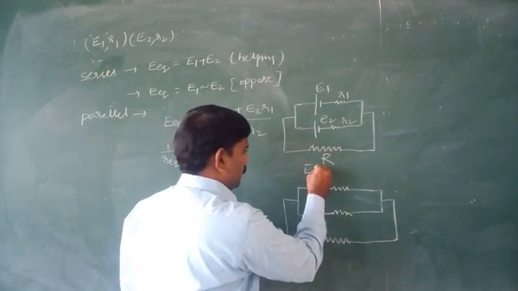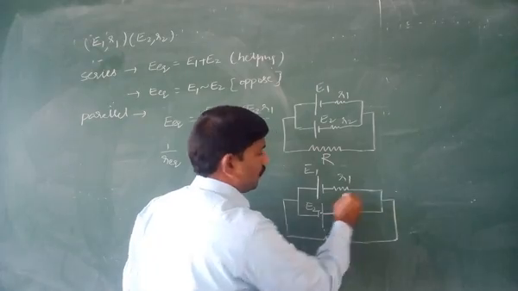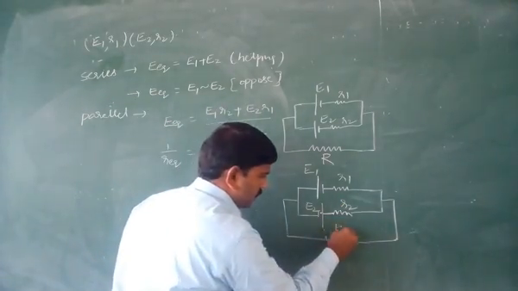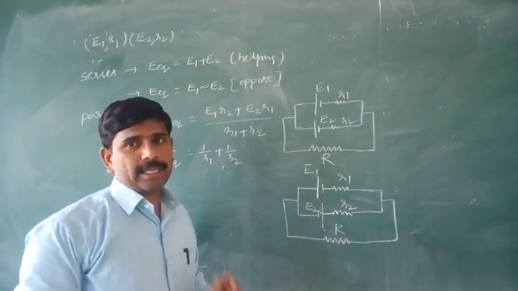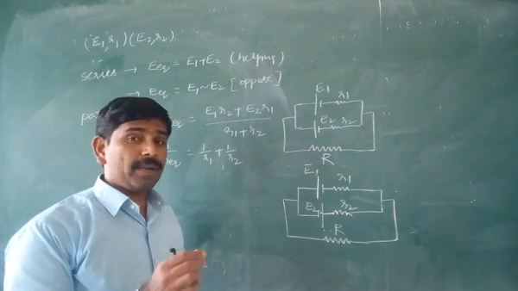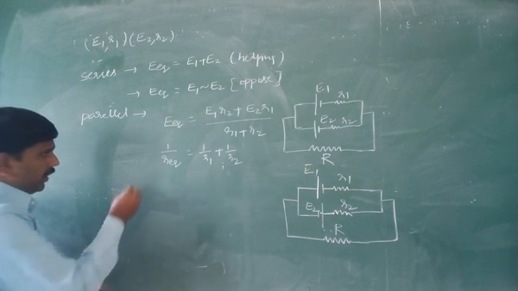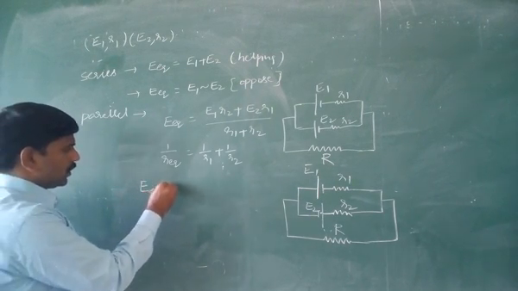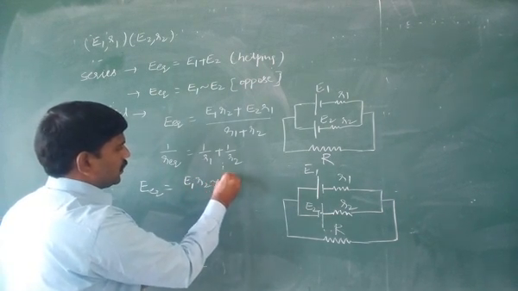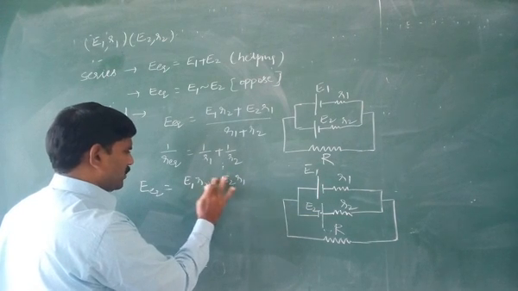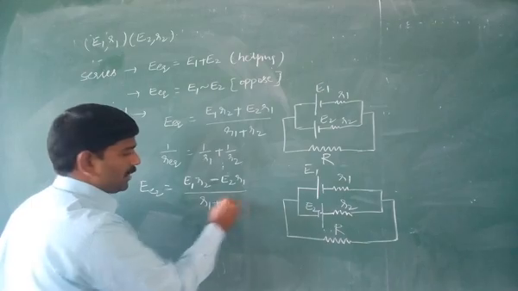Here the EMF of the first cell is E1, the second is E2, internal resistances are R1 and R2, and the external resistor is equal to capital R. Then in this situation, what is the equivalent EMF? E equivalent is equal to E1 R2 minus E2 R1, and the denominator does not change, R1 plus R2.